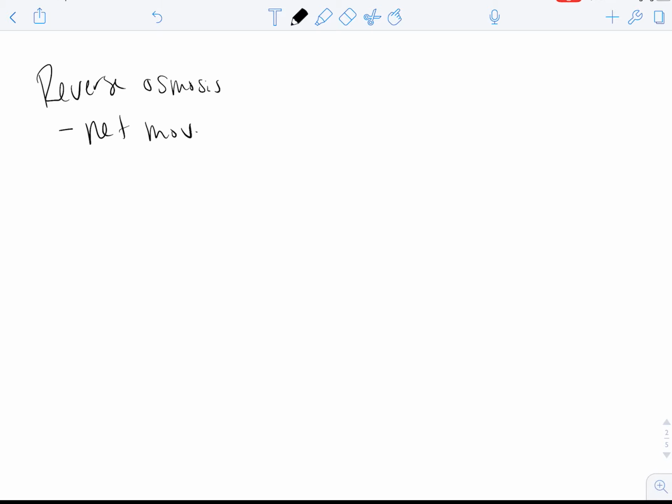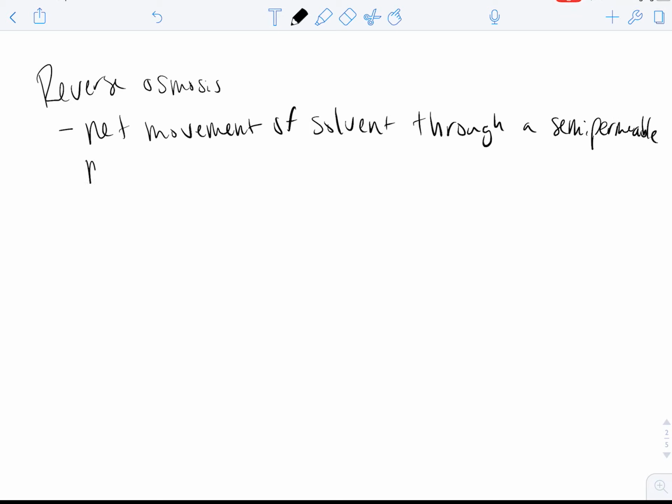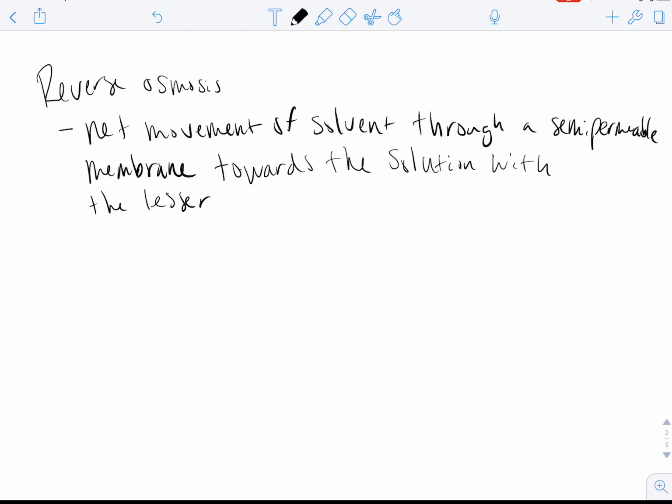So the net movement of solvent through a semi-permeable membrane towards the solution with the lesser solute concentration.